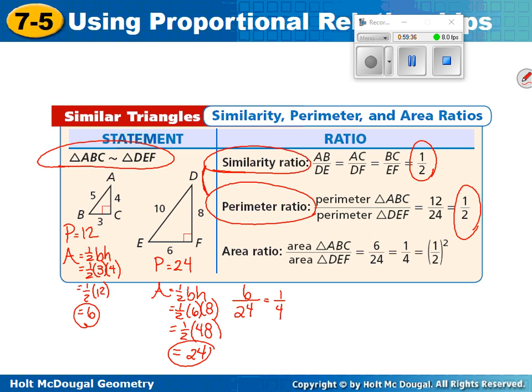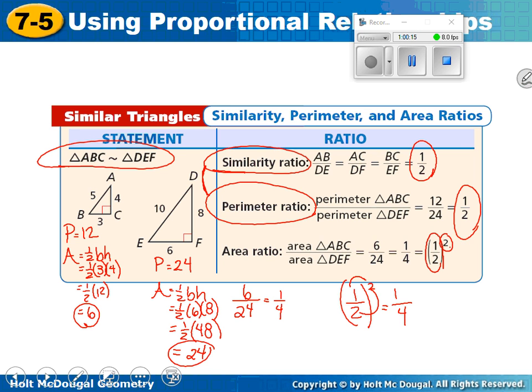But what is 1/2 squared? When you square 1/2, you don't need a calculator to do that, although you can check it on your calculator. You just simply square the top and the bottom. What's 1 squared? 1. What's 2 squared? 4. So the relationship, and this is super important, the relationship between the ratio of the areas: if you take area over area, it's not the same, but it is the ratio of your sides or your perimeters squared.